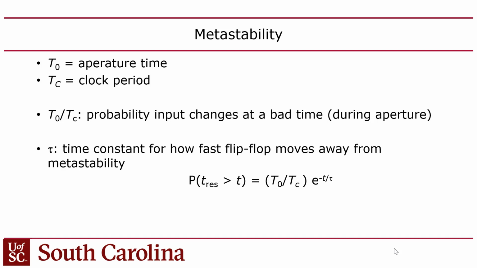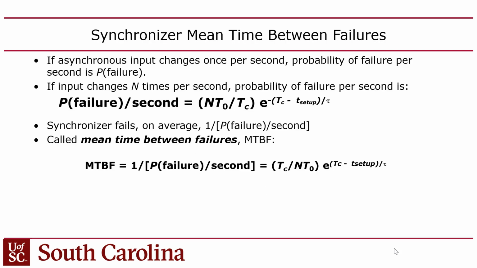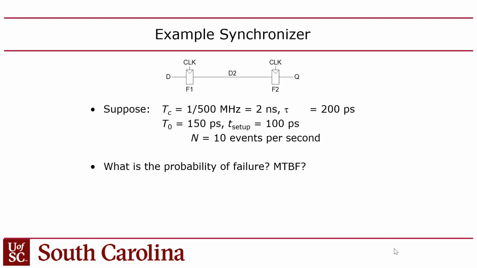So the mean of what? The mean of the resolution of the metastability, how long it takes. It's the mean of the exponential random variable that tells you how long the thing is metastable. That's why notice it's in seconds. Tau is 200 picoseconds.